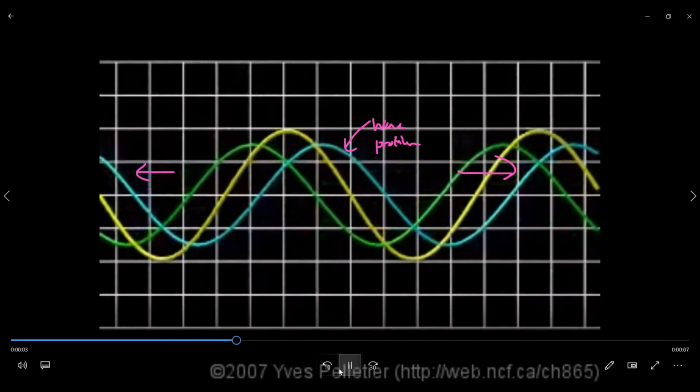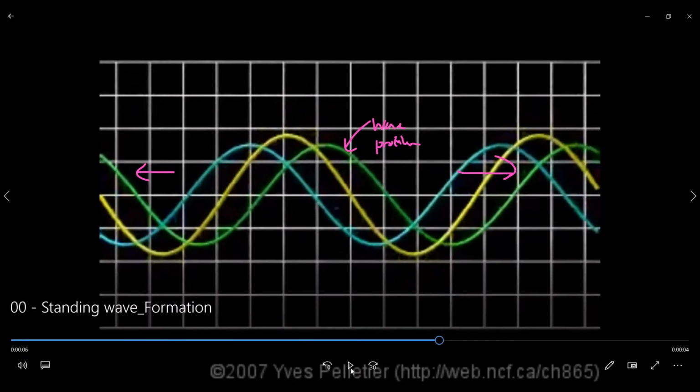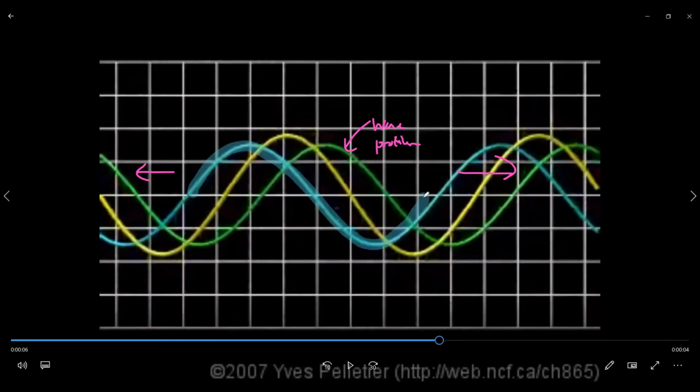Okay, the blue color progressive wave is moving towards the left. Let me just try and show this. Your blue colored wave, this is the wave profile of the blue colored wave. And then after that, you have the green colored wave, which is this one. Notice that the blue will move towards the left, the green will move towards the right.